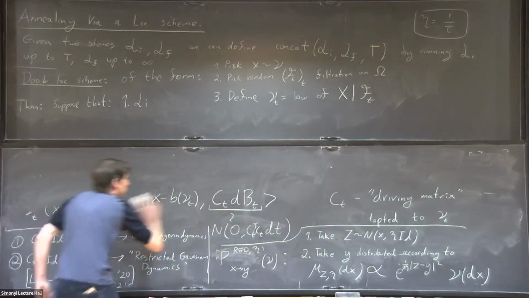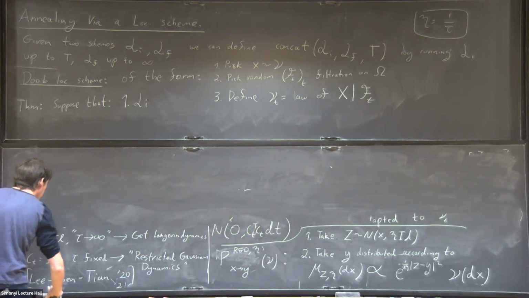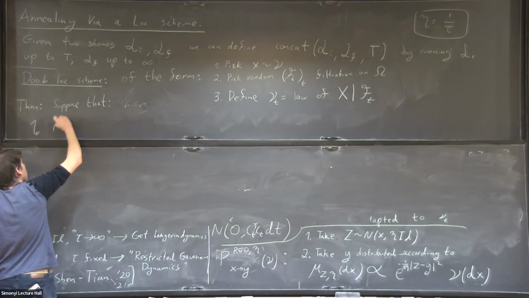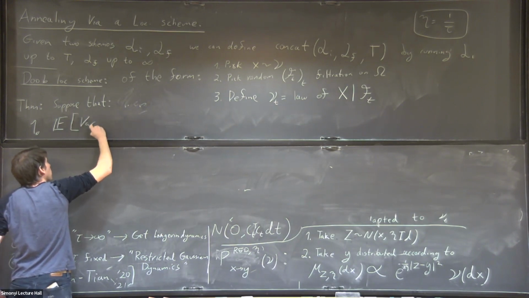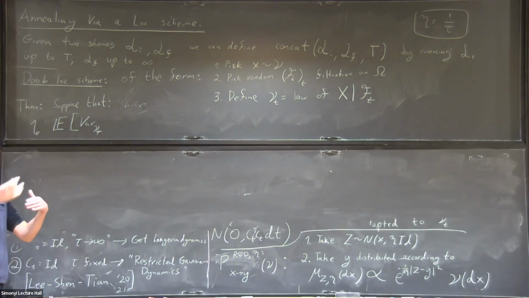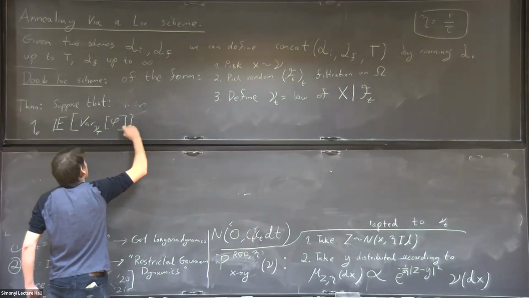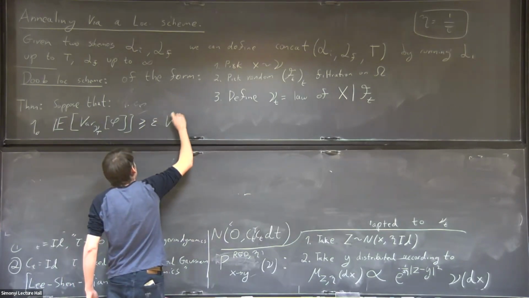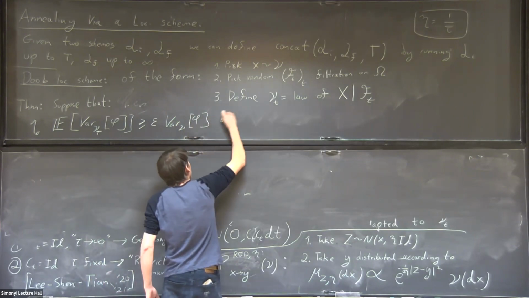Suppose that the expectation of the variance with respect to nu up to the time where I change from L_i to L_f is at least some epsilon times the variance with respect to nu of phi, for all phi.